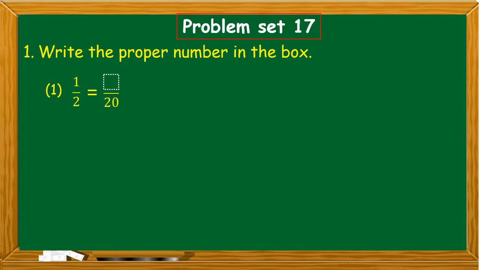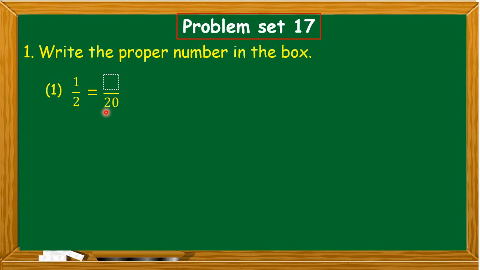Now here two equivalent fractions are given and the numerator of the second fraction is missing and we have to find that missing numerator. So let us look at the denominators of both the fractions.